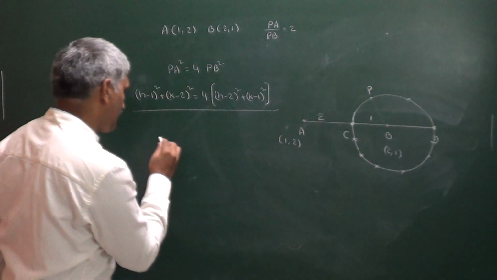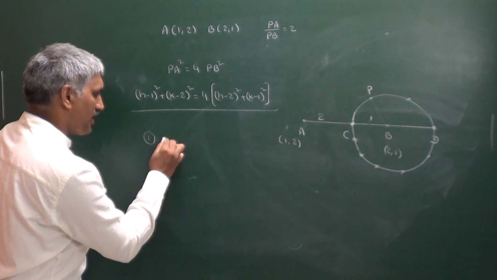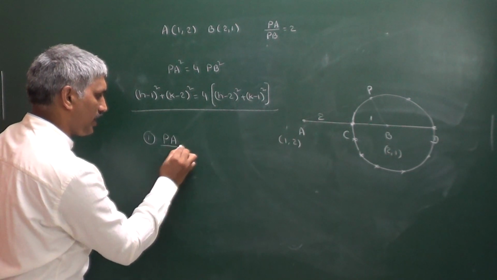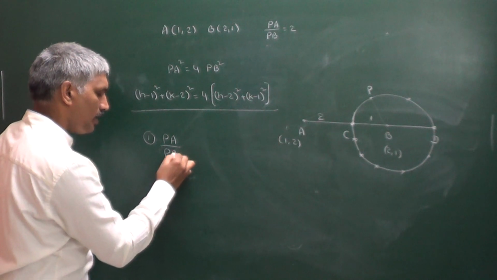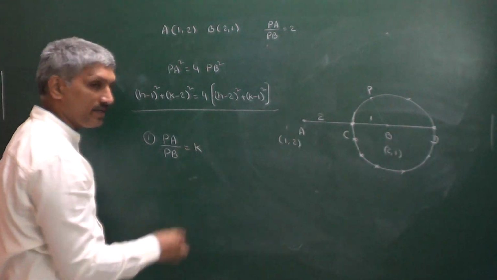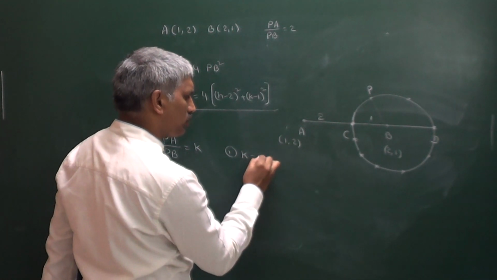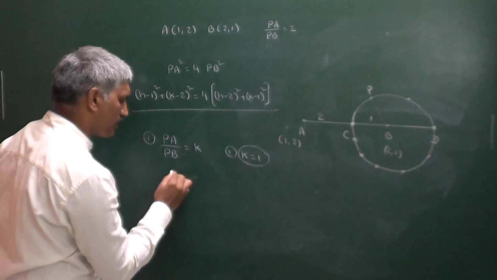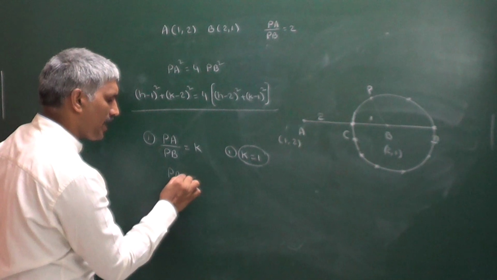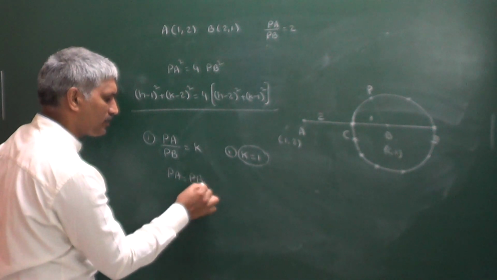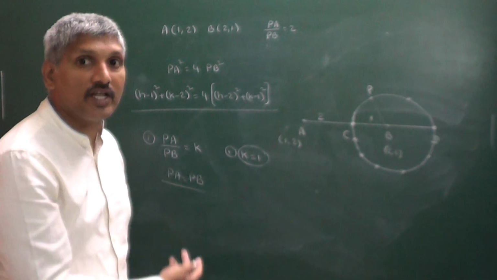So here one condition we can write: whenever PA by PB is equal to k given, the first case we know, when k is equal to 1, PA is equal to PB, which we discussed in the beginning, the perpendicular bisector.